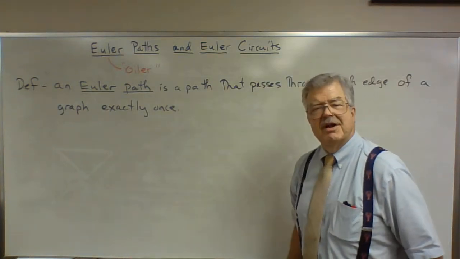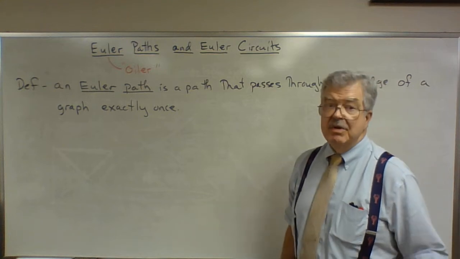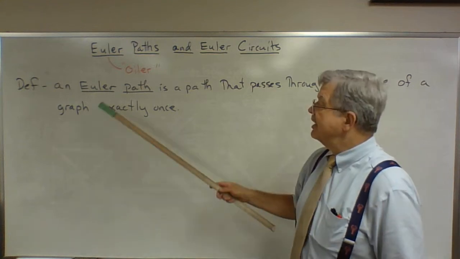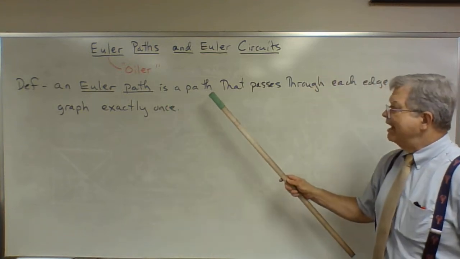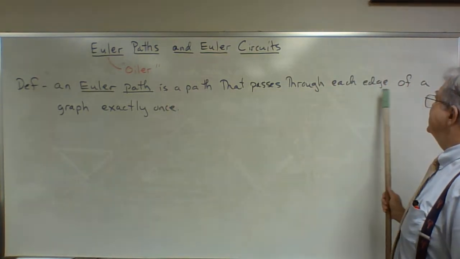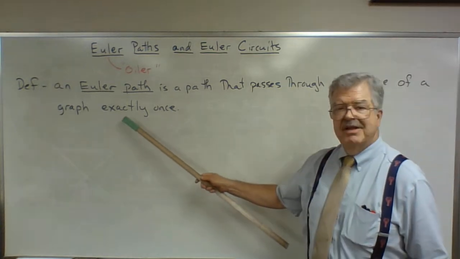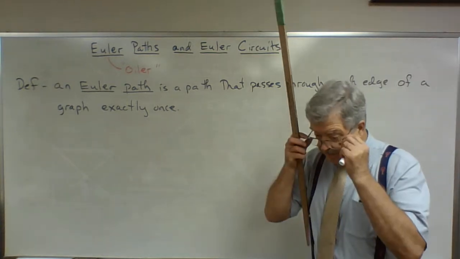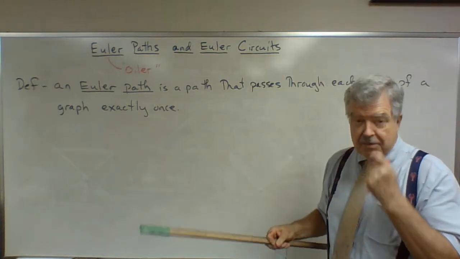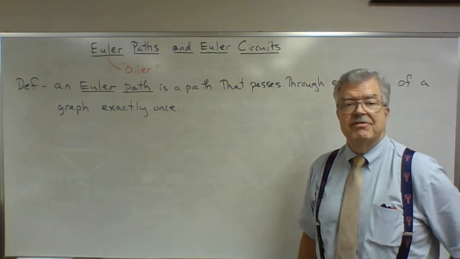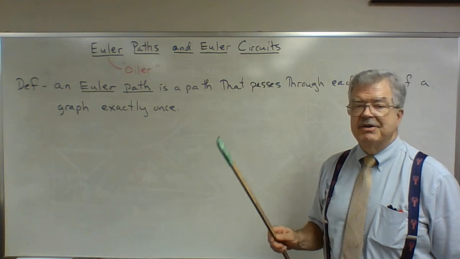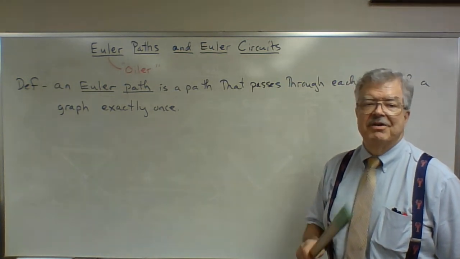And let's look at our first definition, and then we'll look at some examples. An Euler path is a path that passes through each edge of a graph exactly once. Now remember what a path is? It's a set of ordered vertices, so there's a first vertex and a second vertex and a third and a fourth.